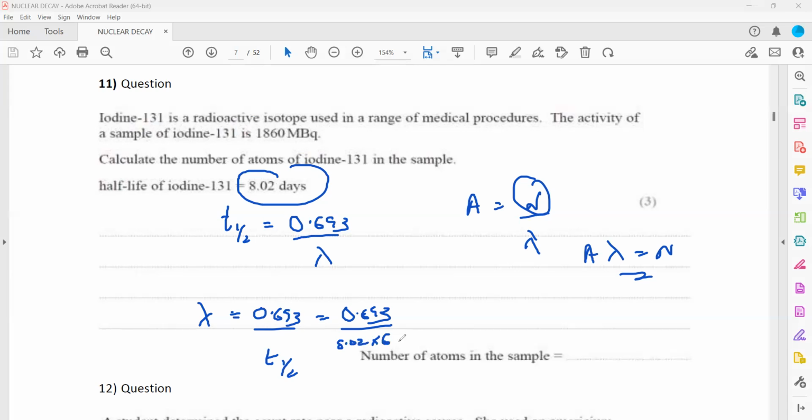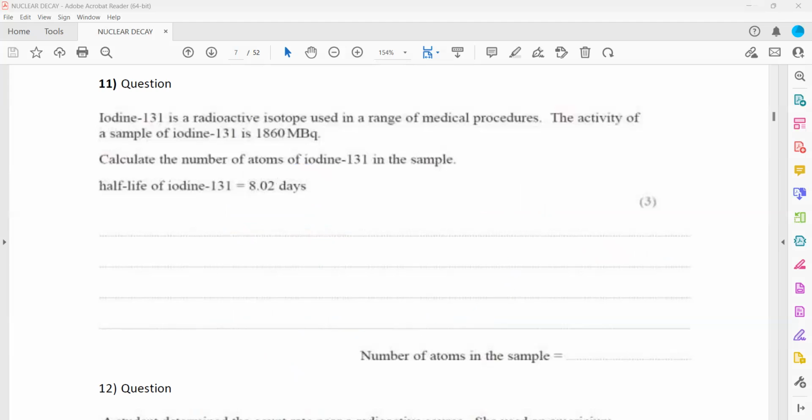We multiply by 60 to convert into minutes, and then multiply by 60 to convert into seconds. This will give us the value for lambda. And with activity equal to N lambda, if we need N, it will be activity divided by lambda.